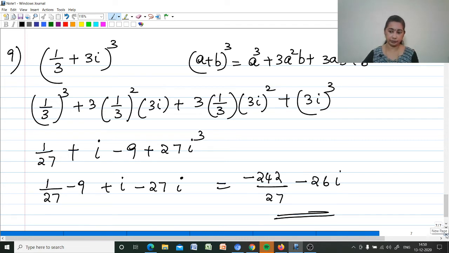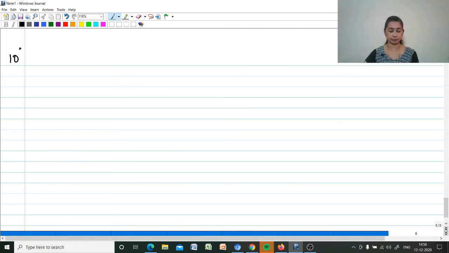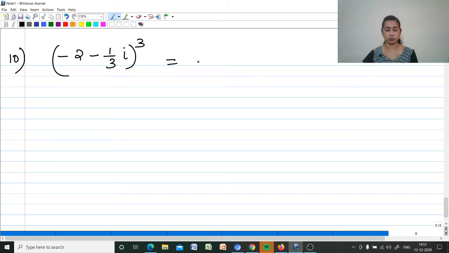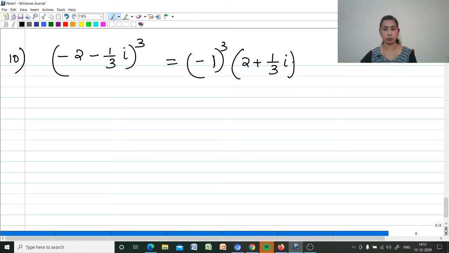Now 10th one, (−2 − 1/3 i)^3. So as usual expanding, here you can see that 2 negative signs, that negative sign we can take it out. So −(2 + 1/3 i)^3, since (−1)^3 is −1, so one minus sign outside.